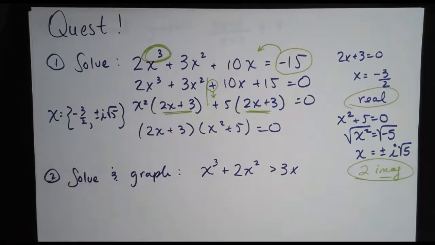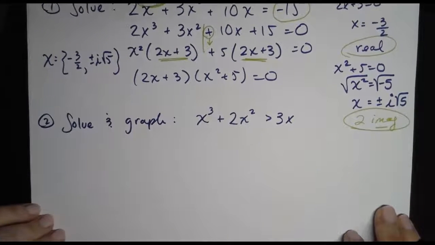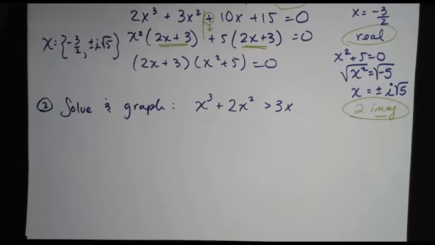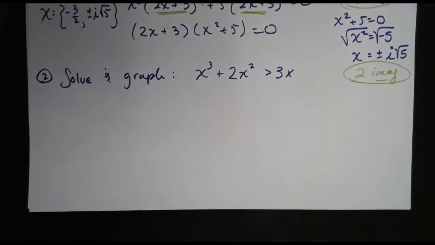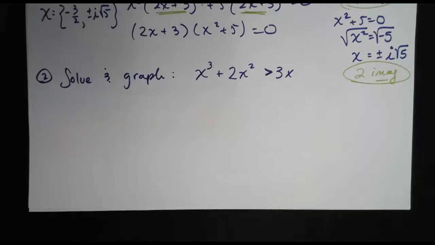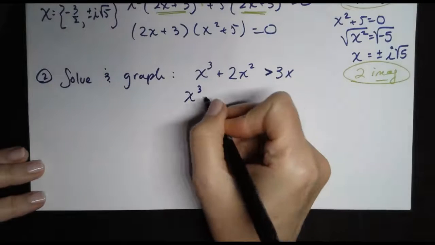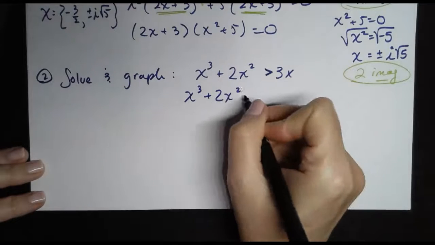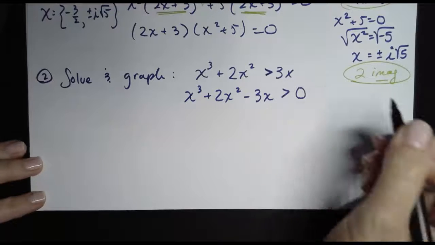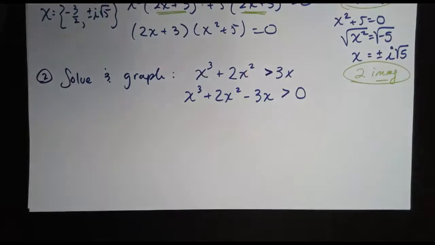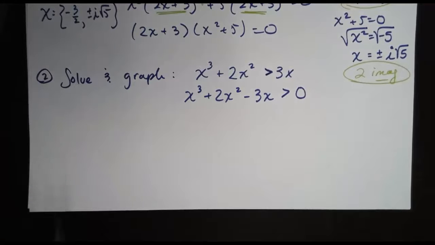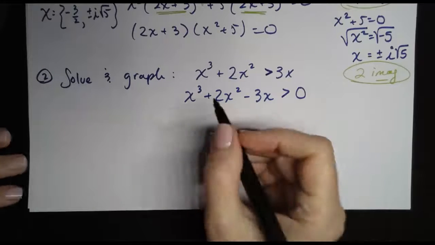There we go. So next we're moving into the inequalities, where we are going to, same thing, set equal to 0. In this case, greater than 0, and then factor. So x cubed plus 2x squared minus 3x is greater than 0. We're going to factor because we are looking for our restricted values, or critical values in this case.